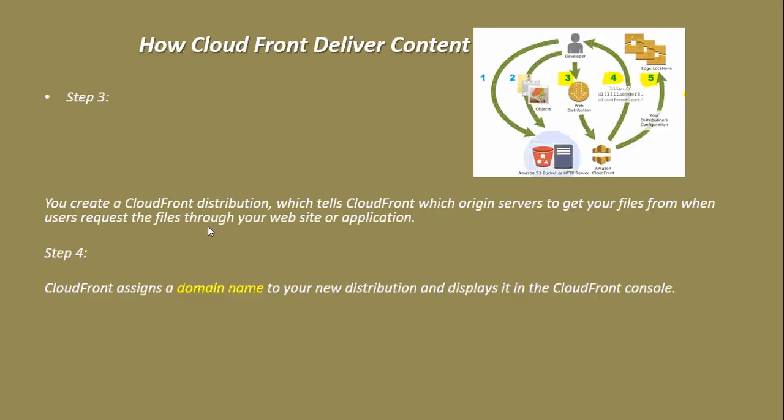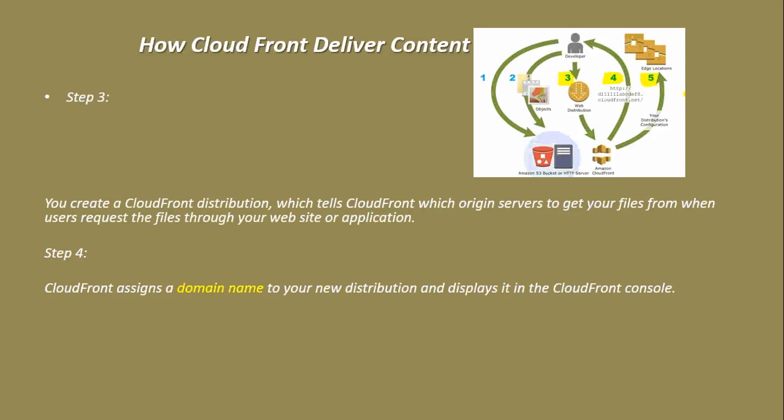So in step 4, CloudFront assigns a domain name to your distribution and displays it in the CloudFront console. My friends, let's try to understand here, because whenever we display the content to the user, or the user accesses the content, they will get some URL so that the particular file is accessible through the internet.